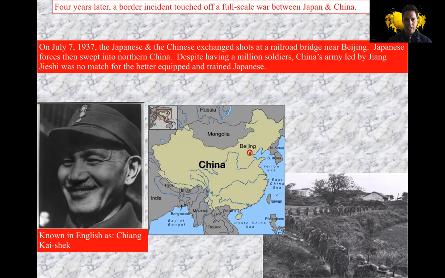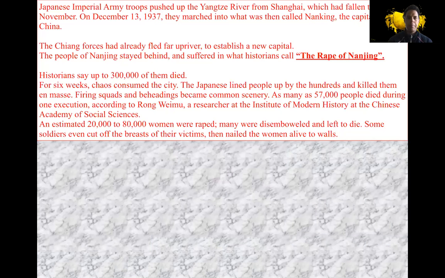Now, despite the Chinese having millions of soldiers, they were under-equipped when it came to the very technologically advanced and highly trained Japanese soldiers. The Japanese army would push very quickly into mainland China, and it would fall very, very quickly.